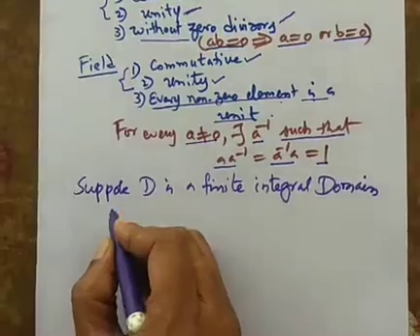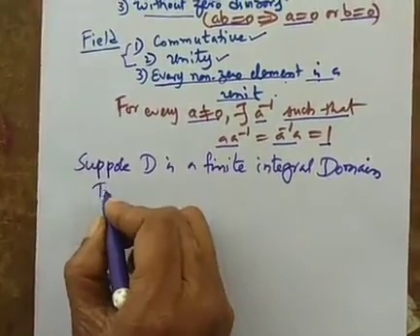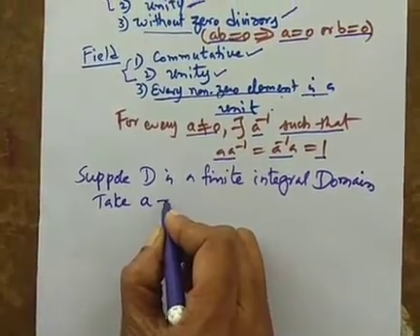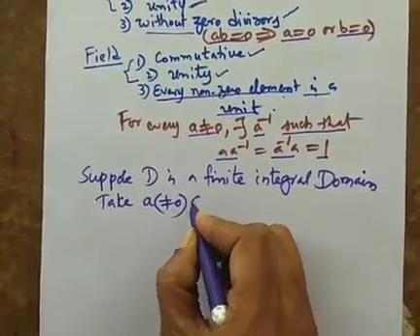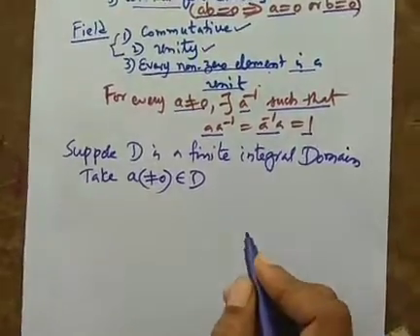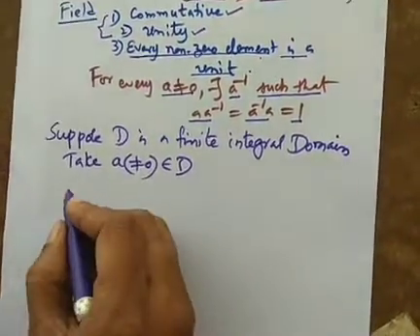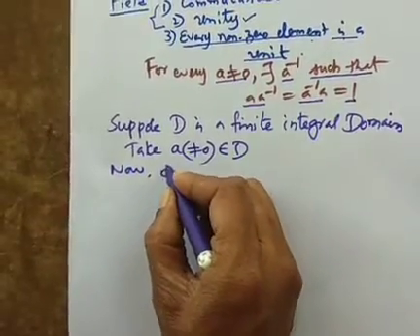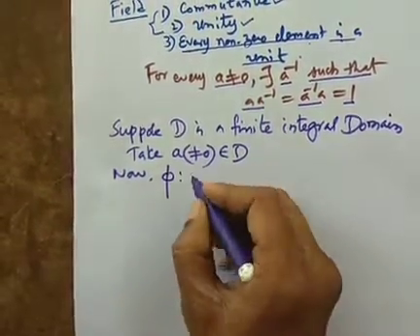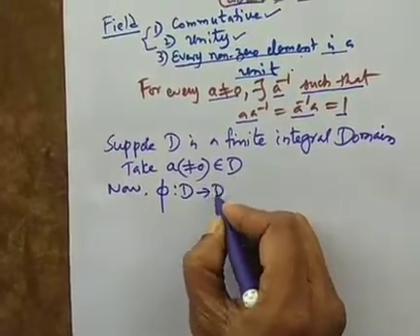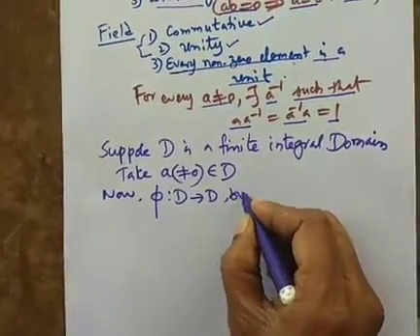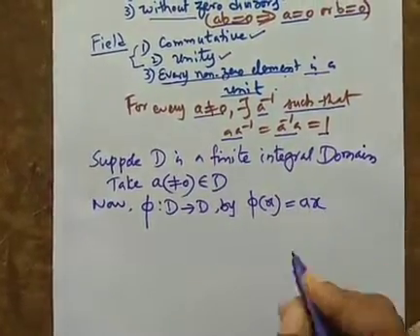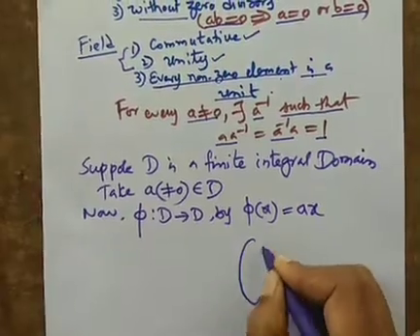For this, we will take some non-zero element. Suppose a is not equal to 0 in D. Now, we define a function pi from D to D by pi of x equals ax.